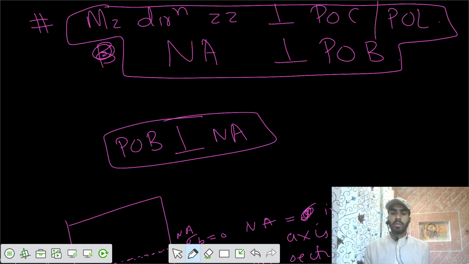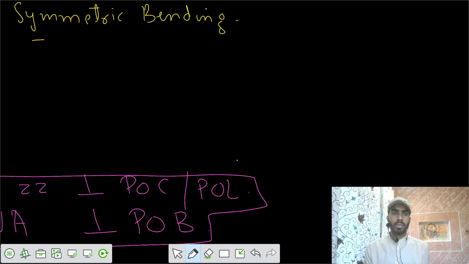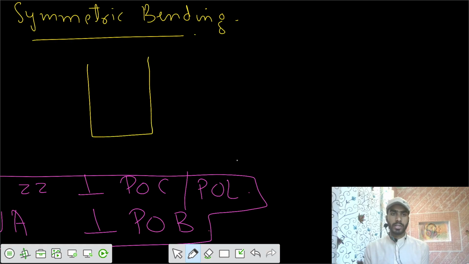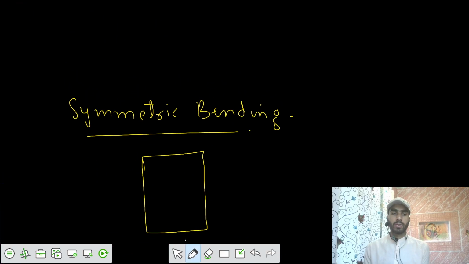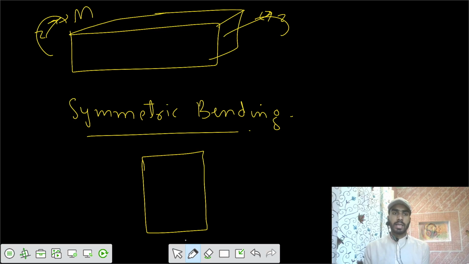From these two, we get a concept called symmetric bending. Let's take a rectangular section. Initially the beam looks like this, and you apply some moment m in the z direction. Cut a section here.